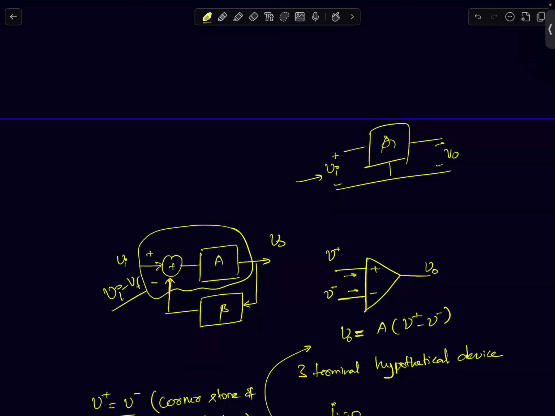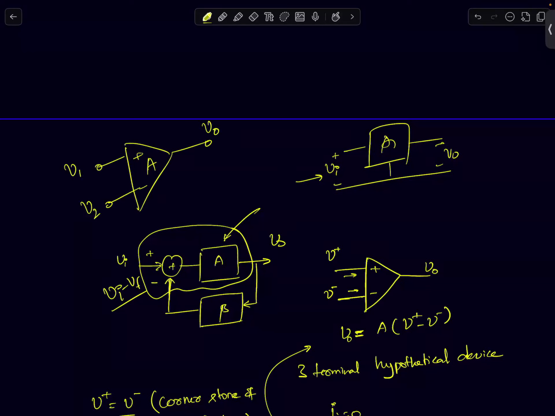You need a circuit which should amplify the difference between the input signal and the feedback signal with a very large gain. This hypothetical device will have 3 terminals. You will amplify 2 signals, V1 and V2, the difference between the 2 signals, by a huge factor. So this 3-terminal device is actually a high gain amplifier.